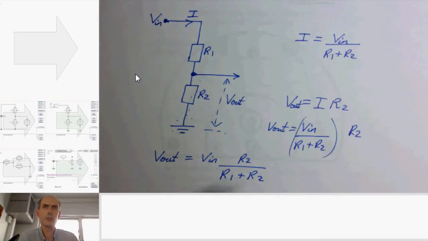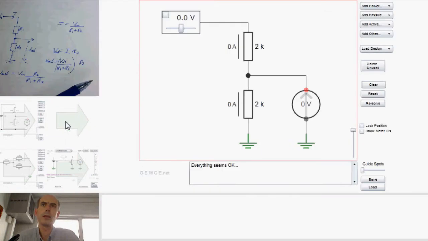Right, let's see some examples of this. Here is a circuit which currently has no volts at all at the top, and therefore no current flowing, and therefore no voltage across this resistor, so its output is 0. But if I put 1 volt across the top, then a total current of 250 microamps would flow, and that's because the total resistance in this network is 4K.